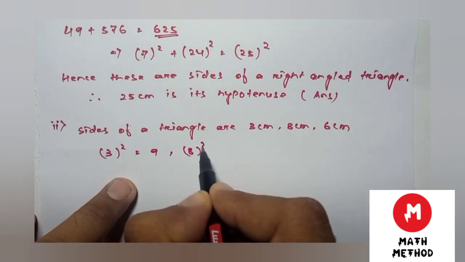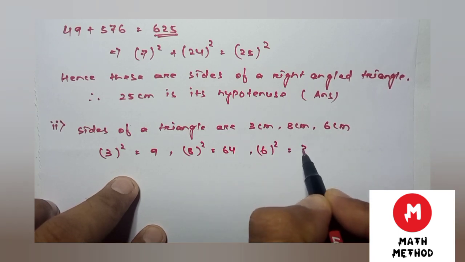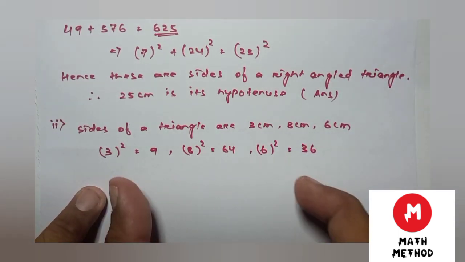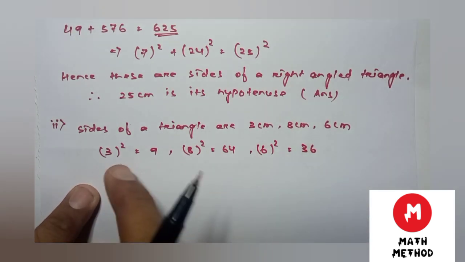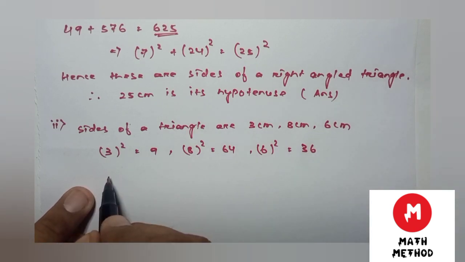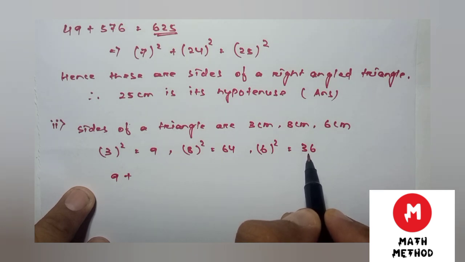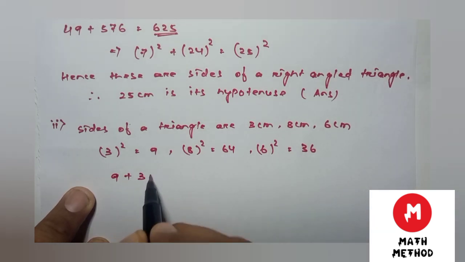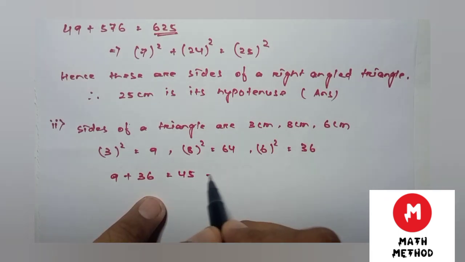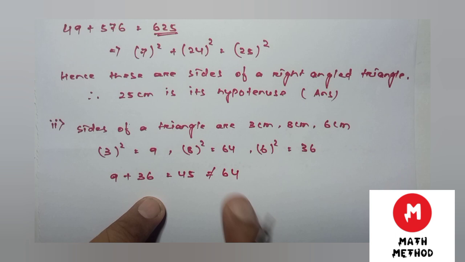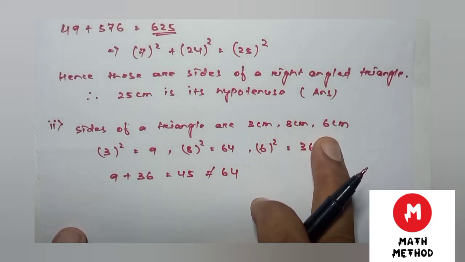Similarly 8 square is equal to 64 and 6 square is equal to 36. Now add the smallest two sides, that is 3 cm and 6 cm. Therefore 3 square is 9 plus the other small side 36, which equals 45, but this is not equal to 64. So these are not the sides of a right angle triangle.